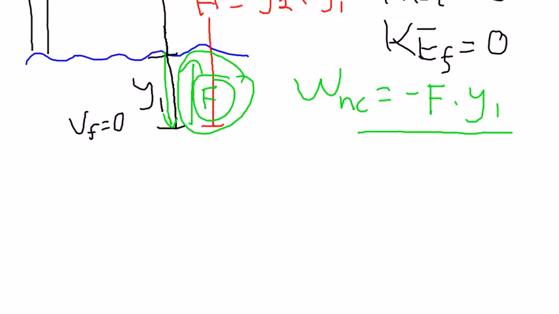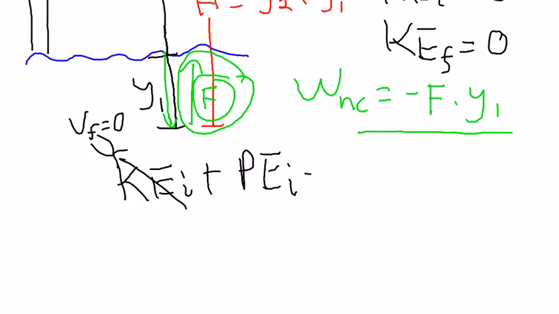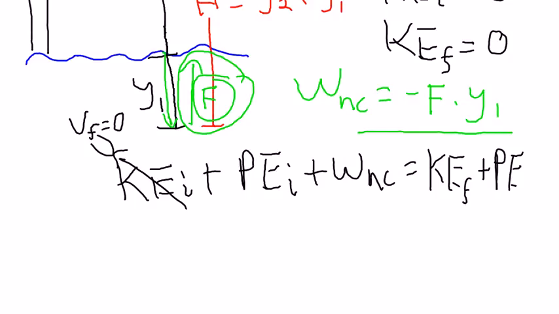So you're going to be setting up your conservation of energy, kinetic energy initial, which we've already decided is 0, plus potential energy initial, plus work done by non-conservative forces is equal to kinetic energy final plus potential energy final.